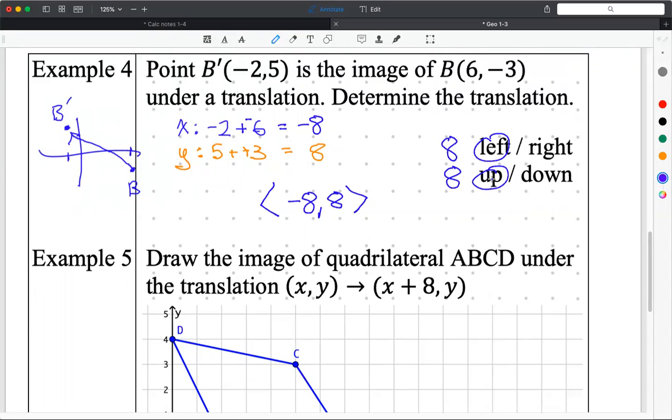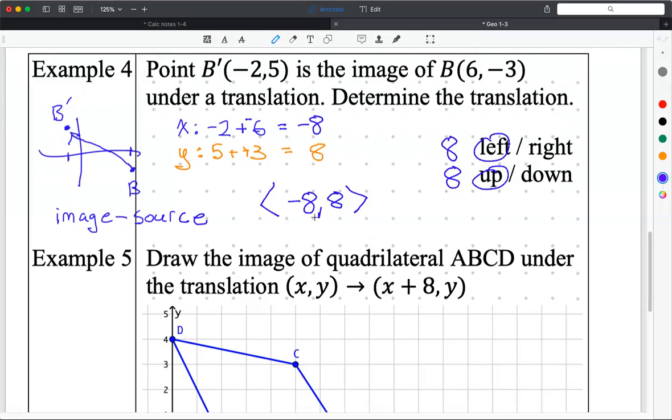But yeah, nice. And this part is a little bit confusing because what if you did 6 minus -2 instead, and then what if you did -3 minus 5? Typically speaking, in order to find the vector, you always want to do your image minus your source, and that will give you the correct translation vector.